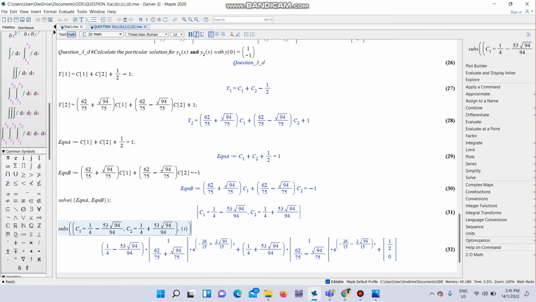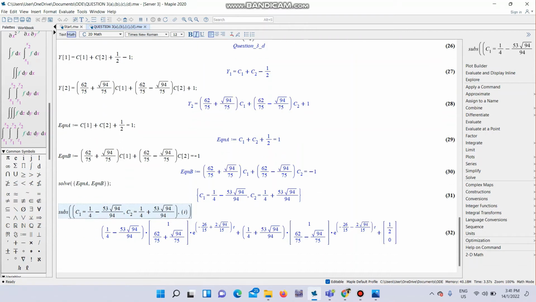And for equation A, we get c1 plus c2 plus 1 over 2 minus 1, so equation A is c1 plus c2 plus 1 over 2 equal to 1.